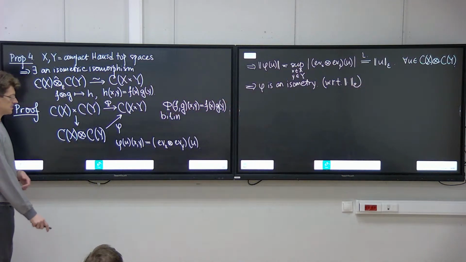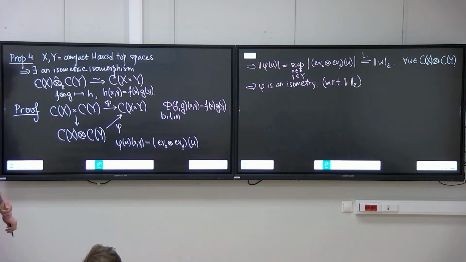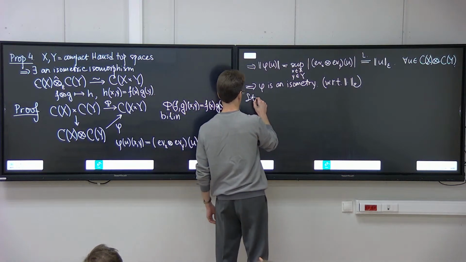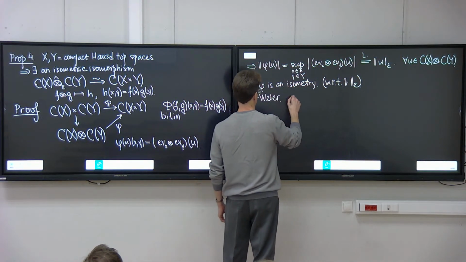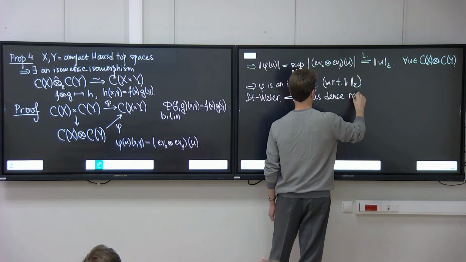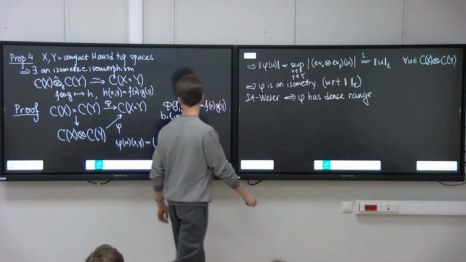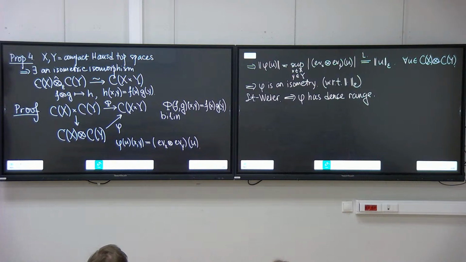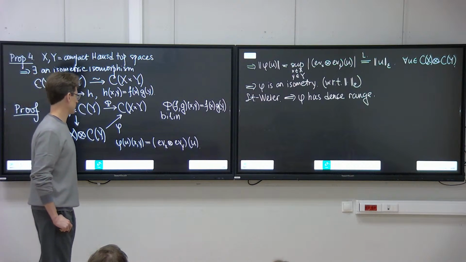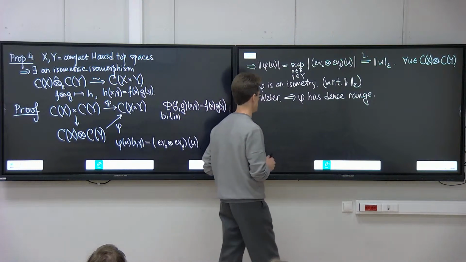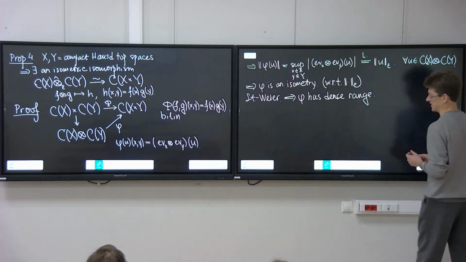On the other hand, if we apply the Stone-Weierstrass theorem, we see that the map phi has dense range. Indeed, the range of phi is a subalgebra in C(X cross Y) which separates the points, and it's self-adjoint, it is closed under conjugation. So it satisfies the conditions of the Stone-Weierstrass theorem, so little phi has dense range.